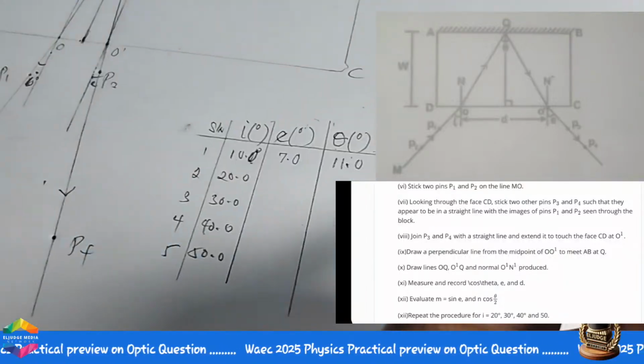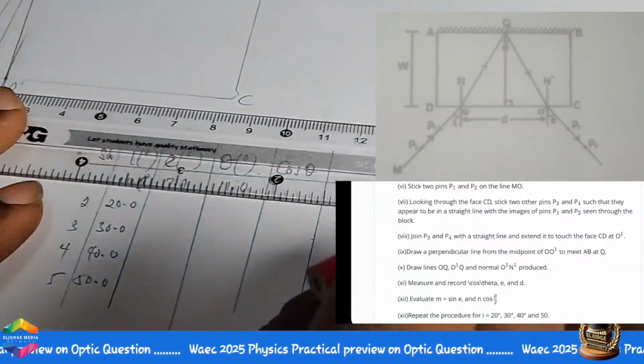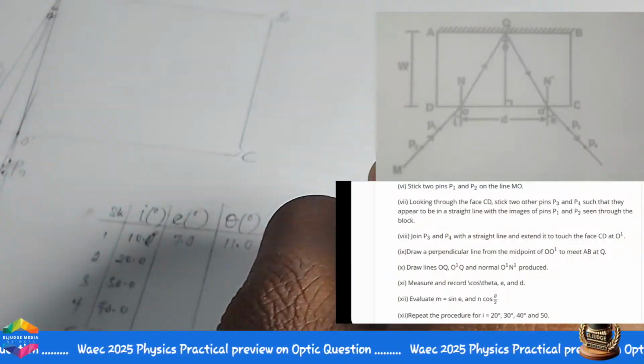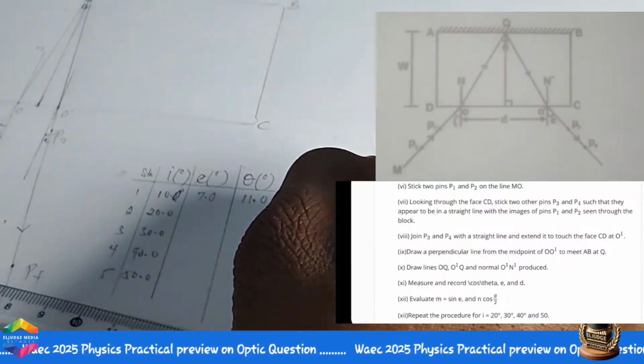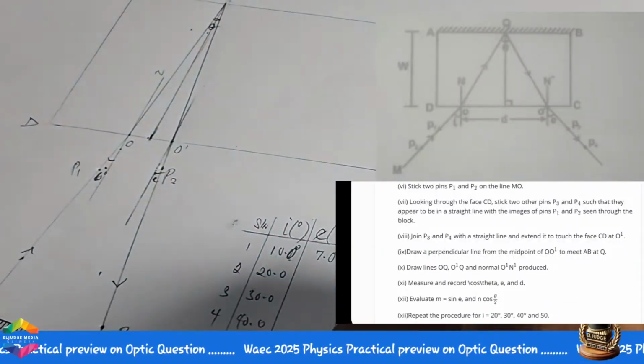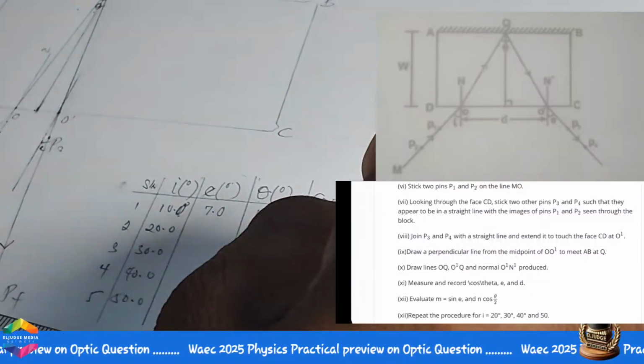Then our D is actually OO prime. So our D in centimeters, you have to put it there. D in centimeters is 1.30.